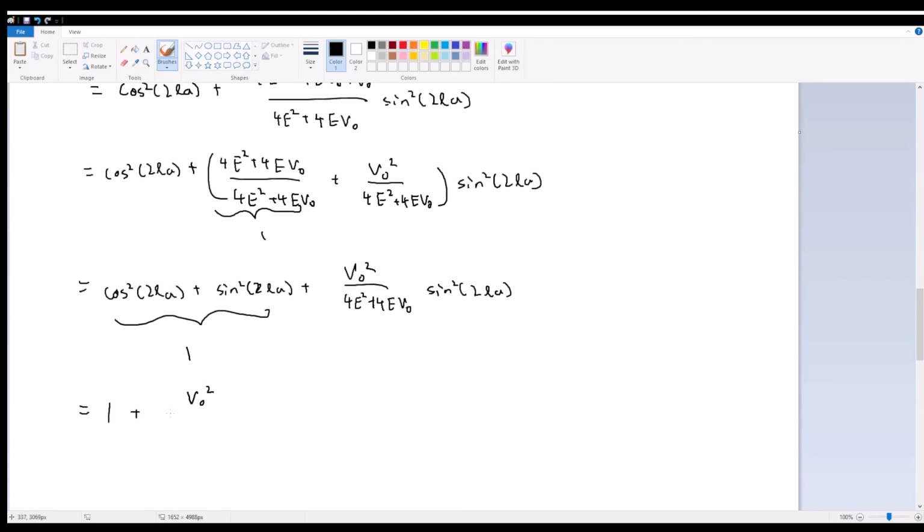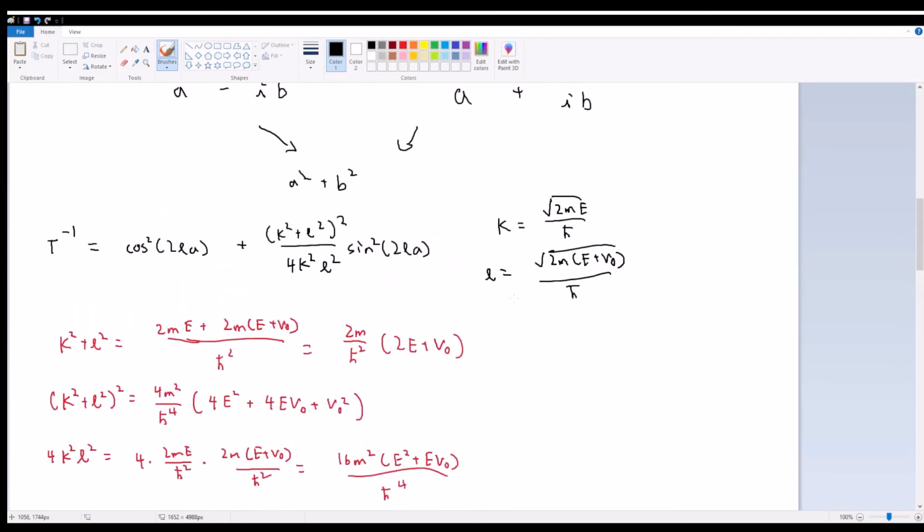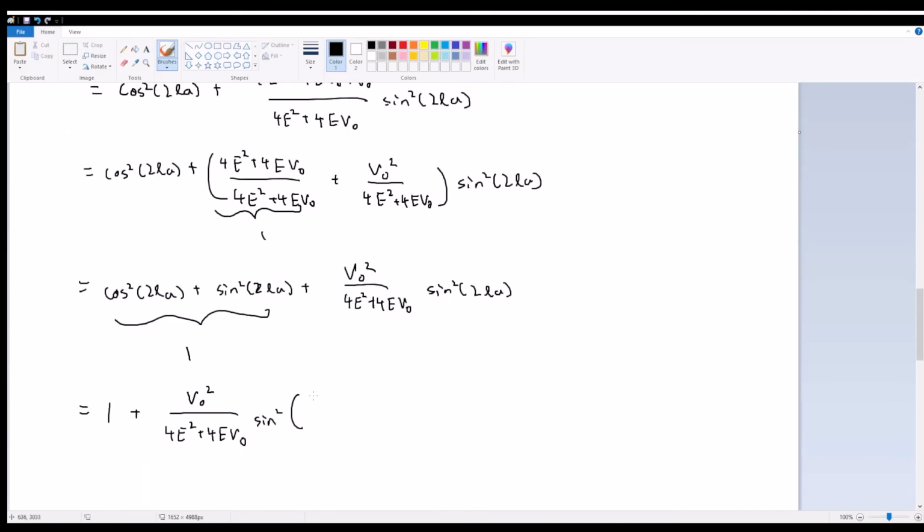V naught squared over (4E squared plus 4E V naught) sine squared of, and let's add the L, so this is going to be 2a over h bar times the square root of 2m(E plus V naught). And let me just double check that this is all correct.